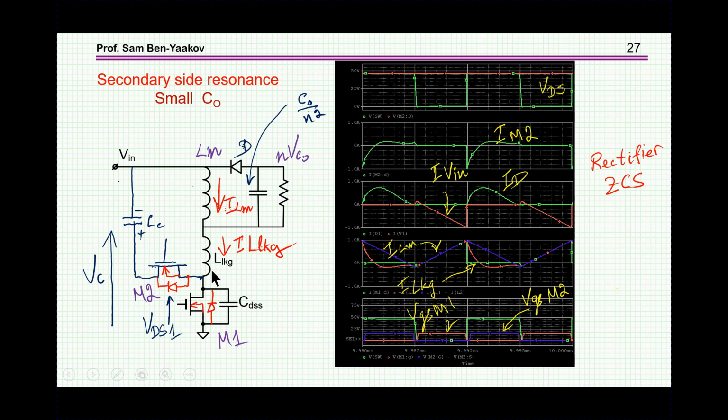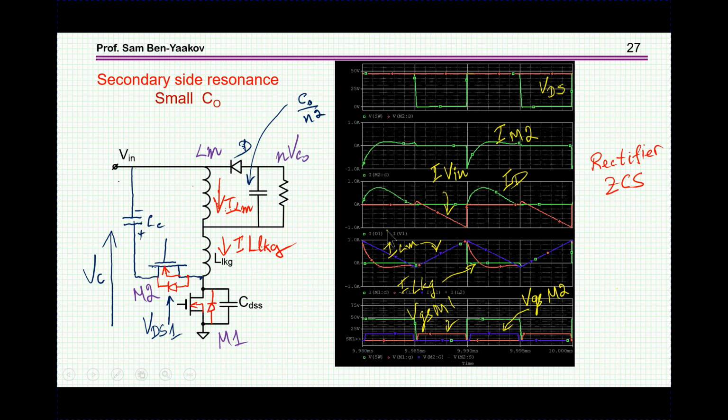Now obviously, if you have resonance between here and here, the voltage here will not be that stable. That is, you might have a higher ripple. This is why in this case you need another section of a filter here. I'm not showing it, another inductor and capacitor in order to filter out this disturbance. Okay, so we use this inductance plus this capacitance as a resonant circuit, and this is pretty much as before.